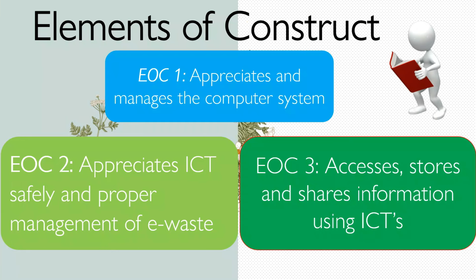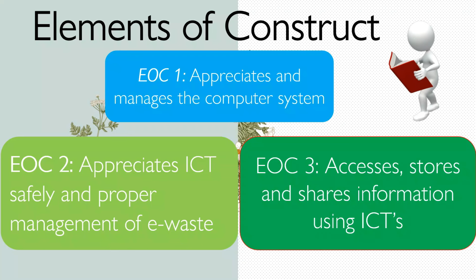So when it comes to paper one, a candidate must answer 3 questions from these elements of construct. Element of construct 1: a learner appreciates and manages the computer system. That is for section A, which has the compulsory item, and it is 1.